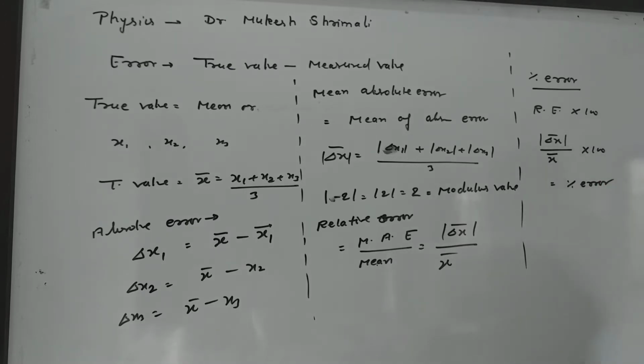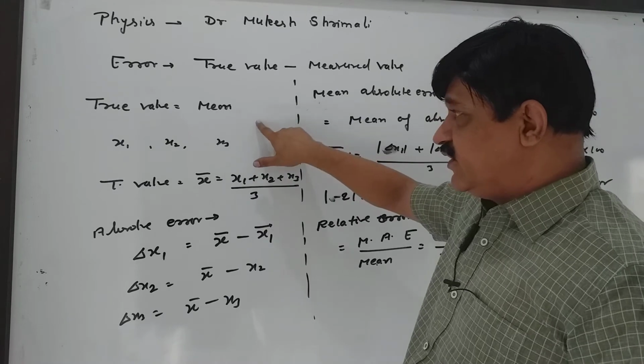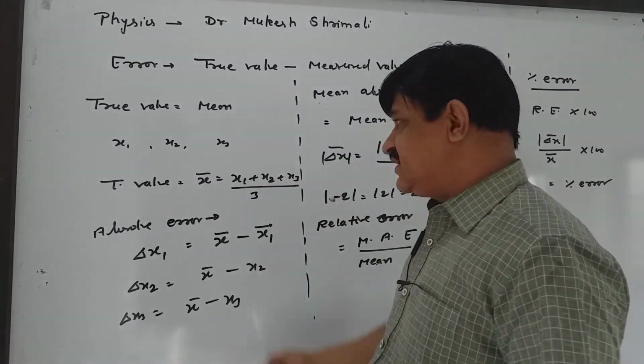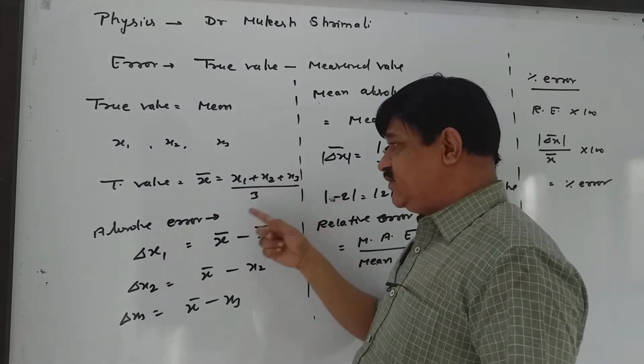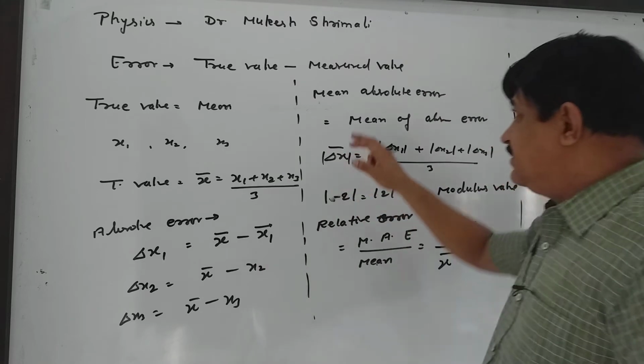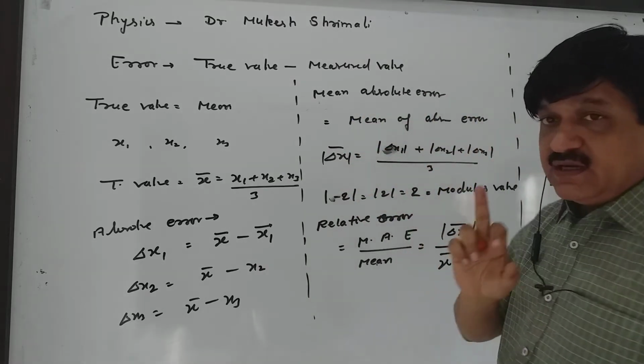So in measurement you have true value, mean or observed value. First of all, you will find it with these three variables, maybe 4, maybe 5, any other number of variables. Once you calculate the true value, go for the absolute error, that is mean minus measured. Number three, go for the mean absolute error, that is the mean of all absolute errors, taking their modulus.